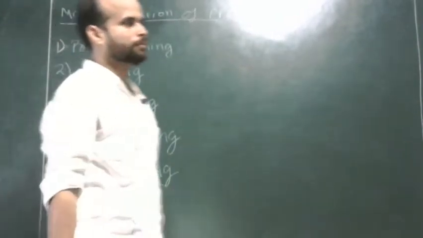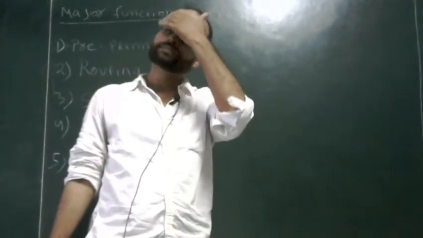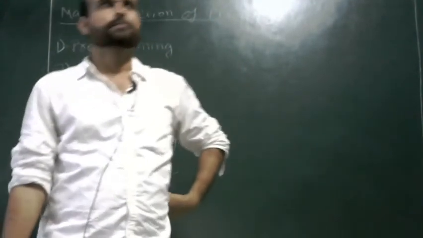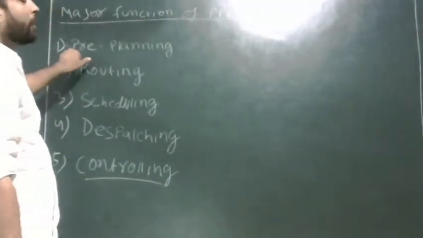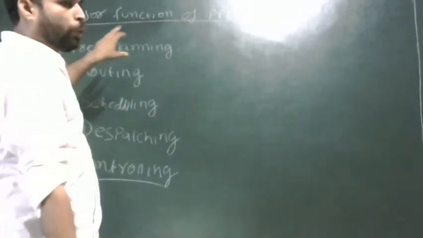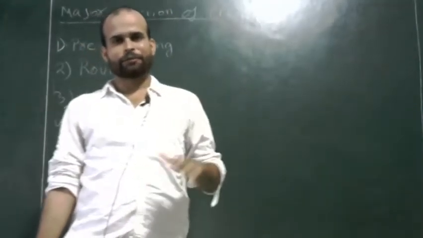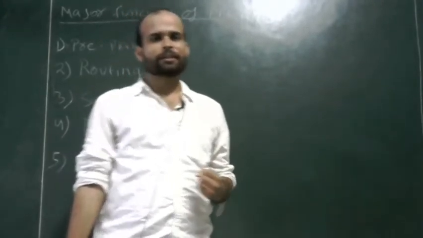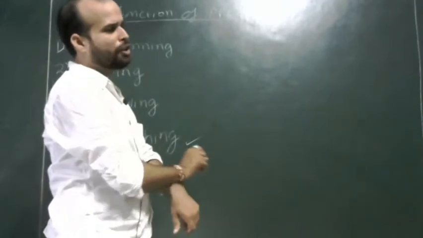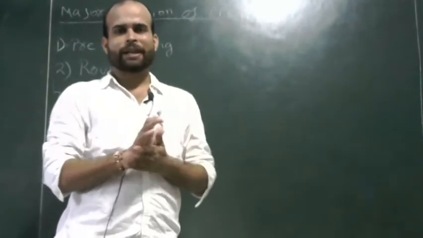Okay, last point, that is controlling. Now, if both the things, means manufacturing of the product from purchasing of raw material to the dispatching of the product, is going on time, then no matter, no worry.